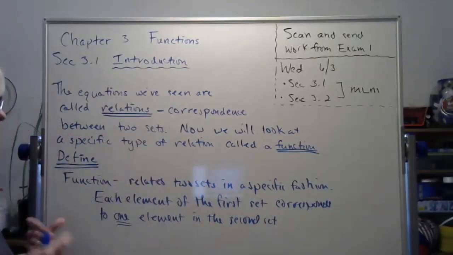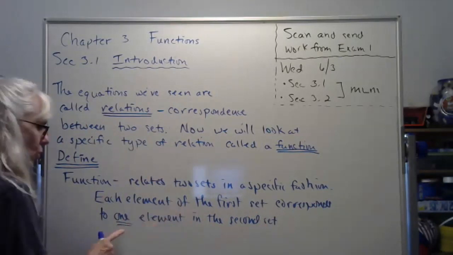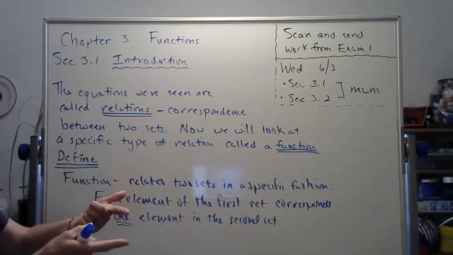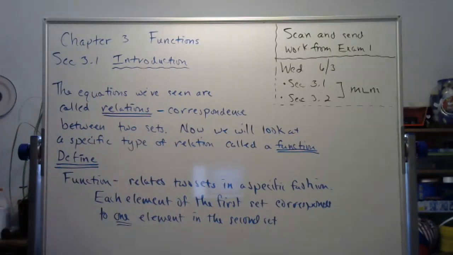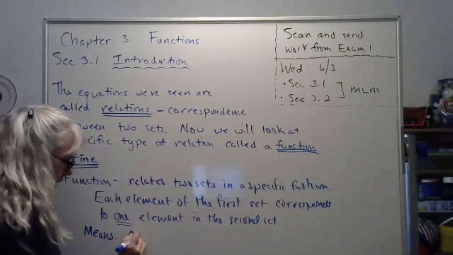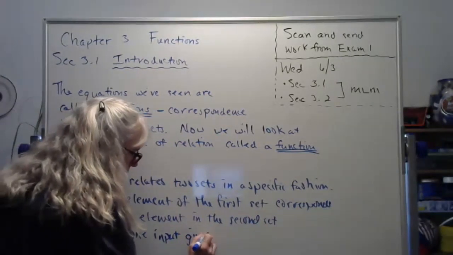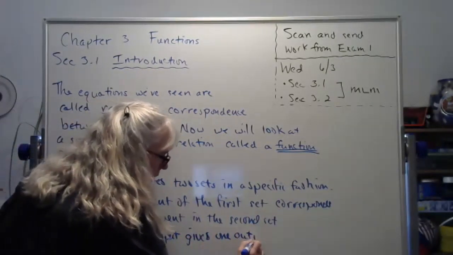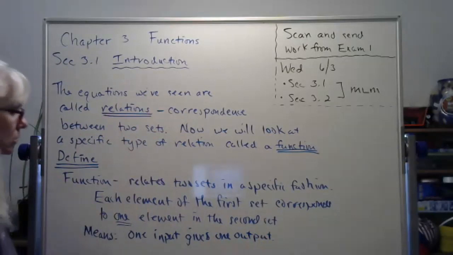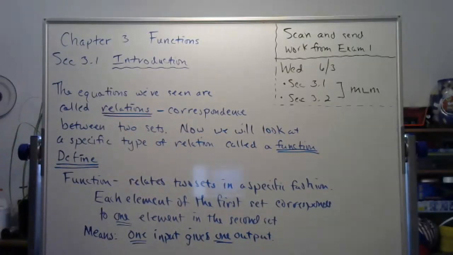So for each element in that first set, an element here means a number or a variable, there's only one element that it corresponds to in the second set. So when you give one input, you get one output. And that's really what I need you to remember more than anything else. So this means that one input gives one output. So when I put a number into a function, I'm going to get out of it just a single number. So one in, one out. And that defines a function for us.